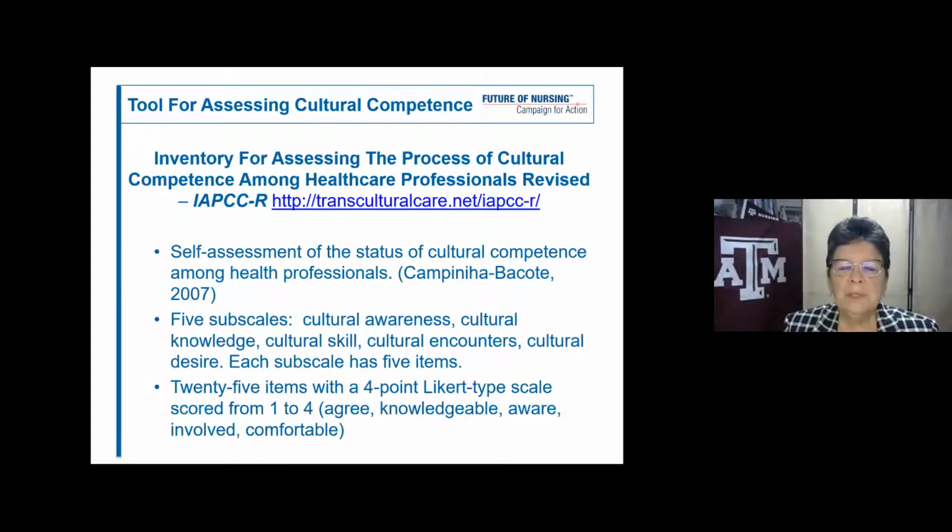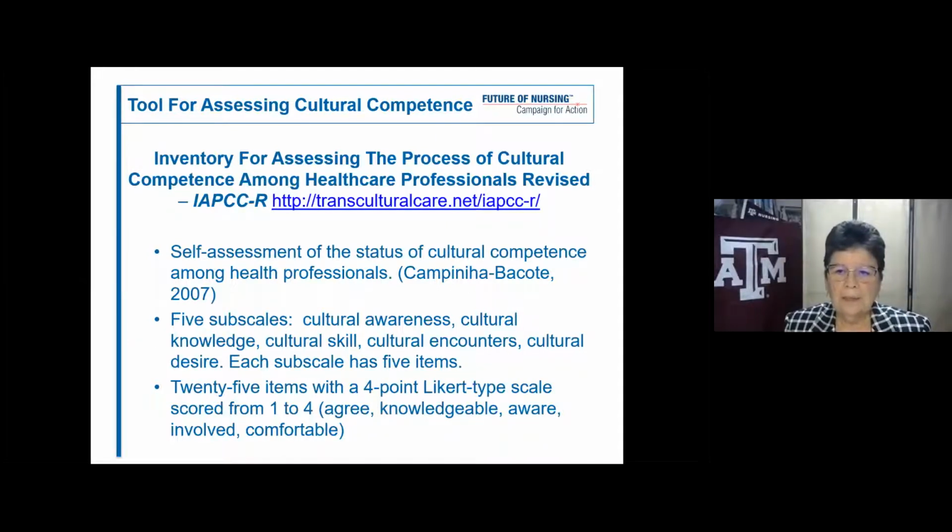This tool is a pencil-paper self-assessment tool that measures one's level of cultural competency in healthcare delivery. And the 5 constructs that are measured are cultural awareness, cultural knowledge, cultural skill, cultural encounters, and cultural desire. And each subscale has 5 items.